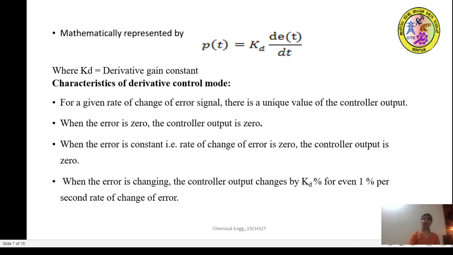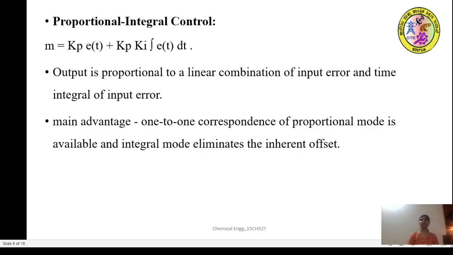Coming then to the proportional integral control mode of action. As the name indicates, it is a combination of the proportional control mode of action with the integral mode of control action. The output value of the manipulated variable is directly proportional to the error and the time integral of the error.